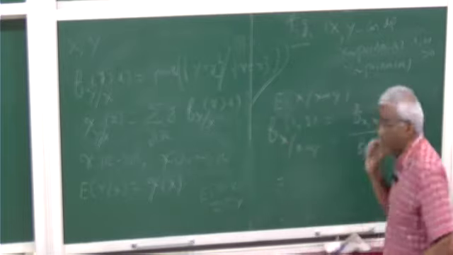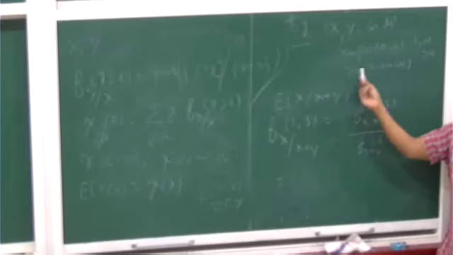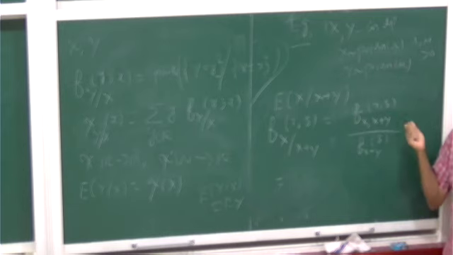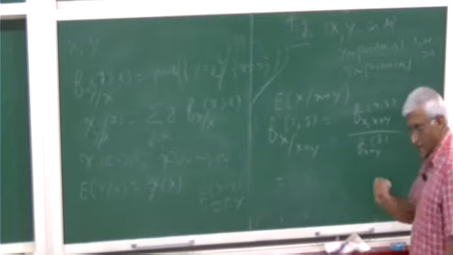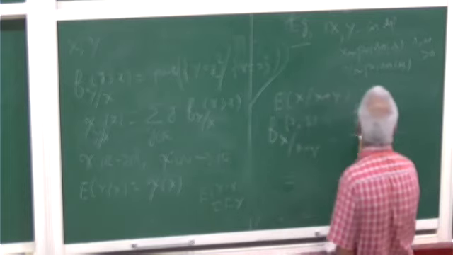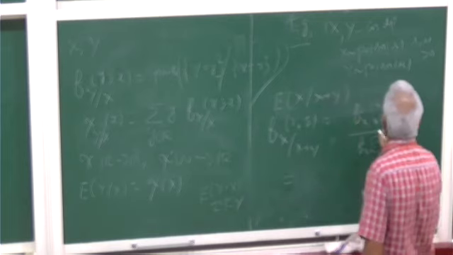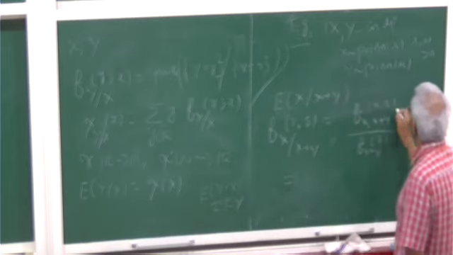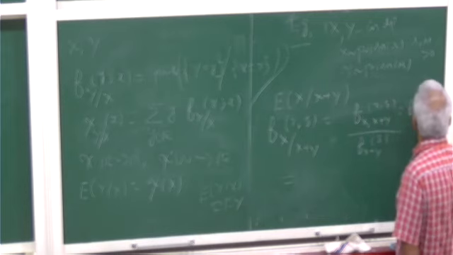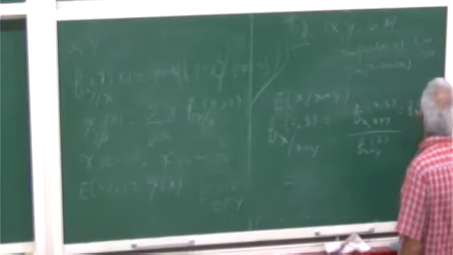Now, if x follows Poisson lambda and y follows Poisson mu, we have proved that x plus y, when they are independent, follows Poisson lambda plus mu. We proved that using moment generating functions, and also directly by computing the convolution. So we can directly write it.